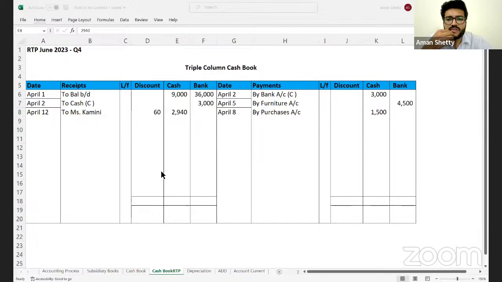We do one thing: in the question it is written that the same is deposited into bank. Technically, you're supposed to pass a contra entry again, correct? But in the RTP answer they have not written it. So either we have to change our answer or the question itself; we just scratch that out. When you solve RTP, you will get confused.